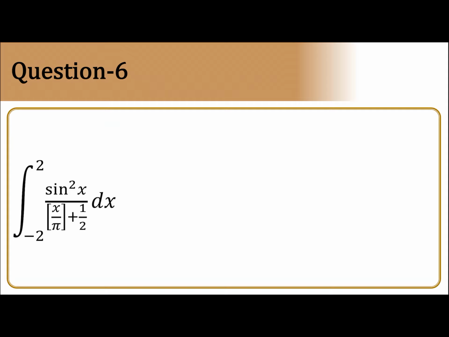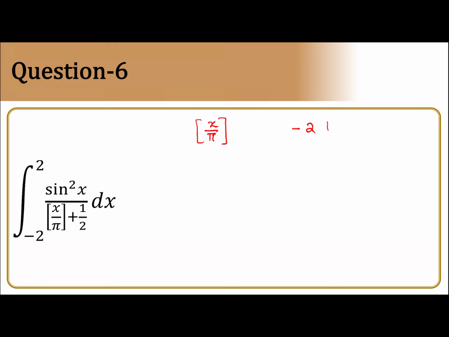Next one. Why we took it? Because if you see the previous JEE Mains and JEE Advanced problems, everywhere greatest integer is involved. That's why, to give an introduction to greatest integer, we took this example. Sin square x, leave it. 1 by 2, leave it. Let us analyze x by pi. We always break at integers.